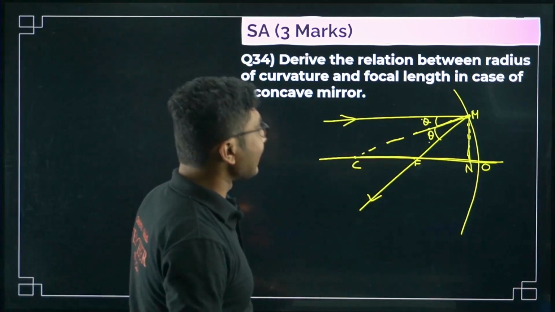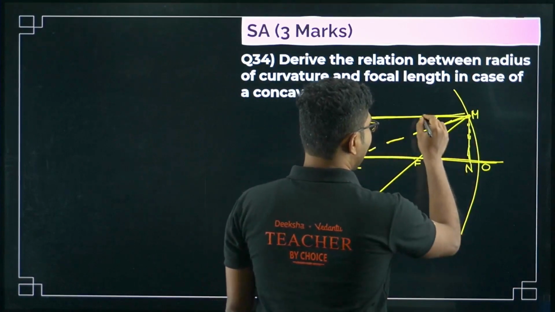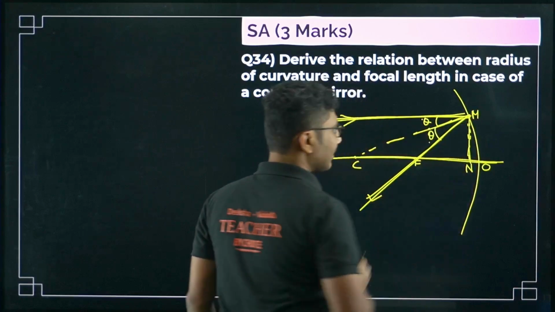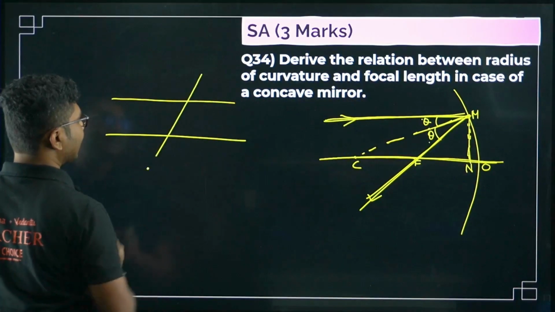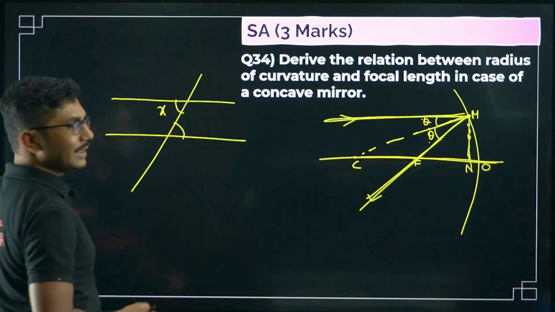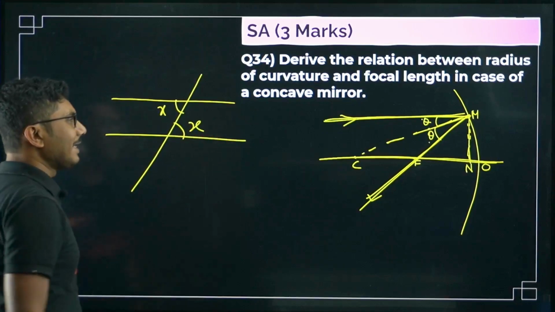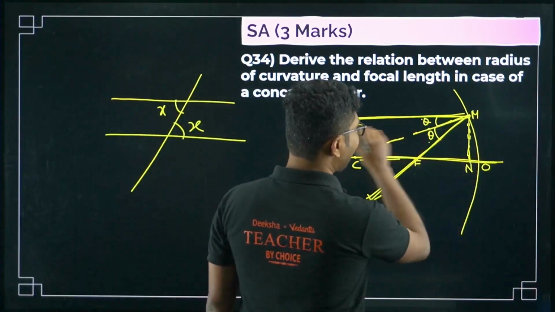Now what else? This is parallel to the principal axis and this is a bisector, right? So parallel rays, bisector. If this angle is X, then this angle will also be X. We have learned it in the past. Now if you see, this is parallel to the principal axis.